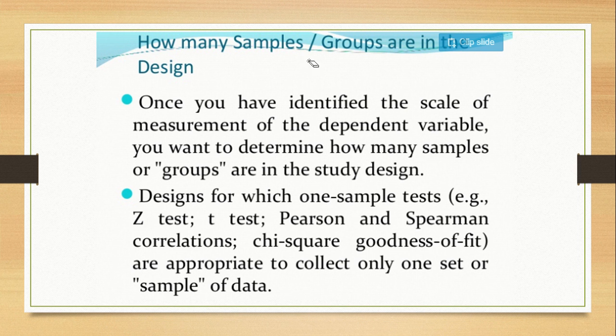Then how many samples or groups are in the design? Once you have identified the scale of measurement of the dependent variables, you want to determine how many samples or groups are in the study design. Designs for which one-sample tests, for example z-test, t-test, Pearson and Spearman correlations, chi-square goodness of fit, are appropriate collect only one set or sample of data.